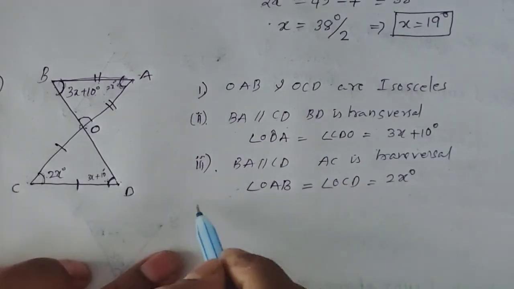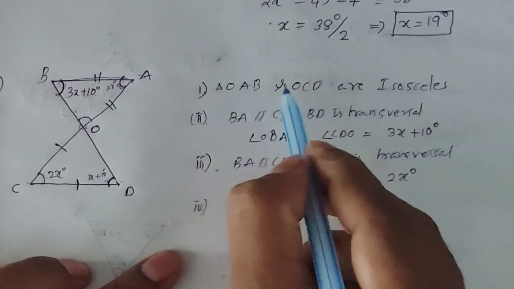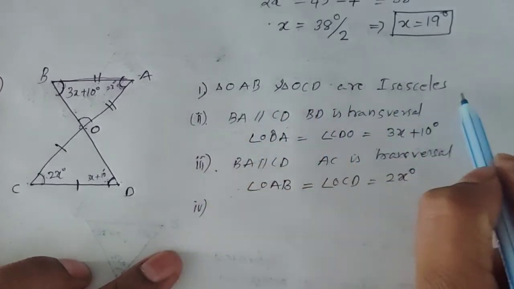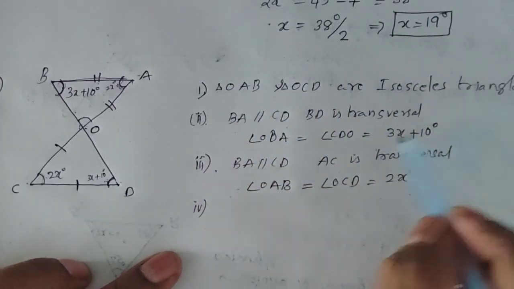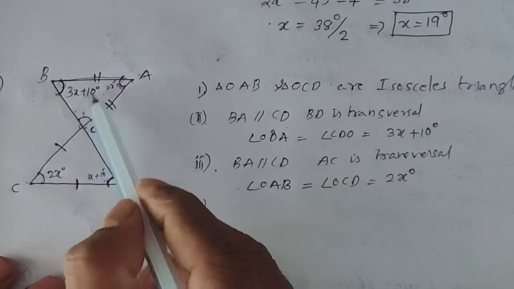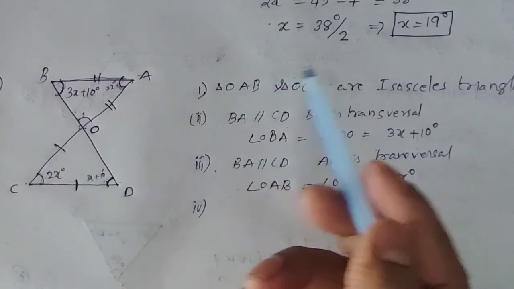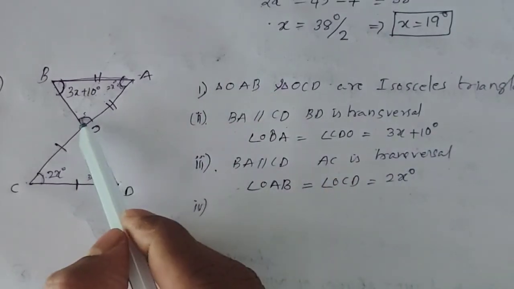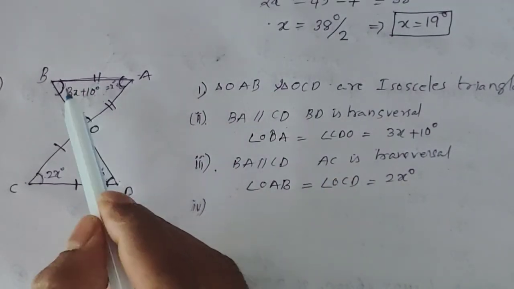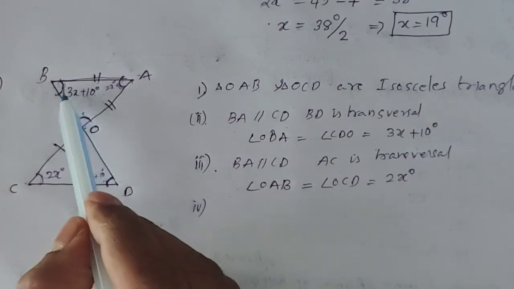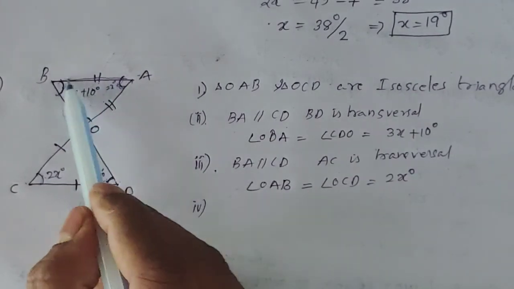Now just see, triangle OAB and triangle OCD are isosceles triangles, right? You know that the angles opposite to equal sides are equal. This angle is equal to this angle, because this angle is opposite to OA and this angle is opposite to AB.